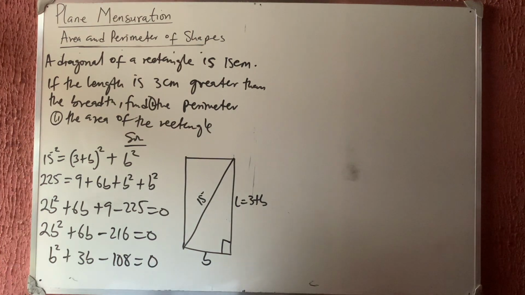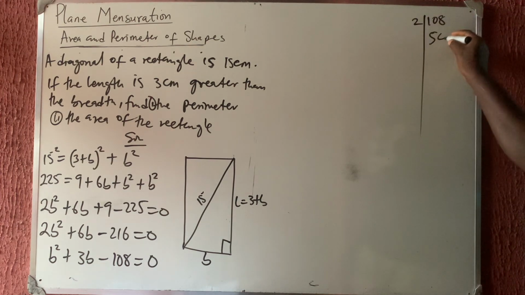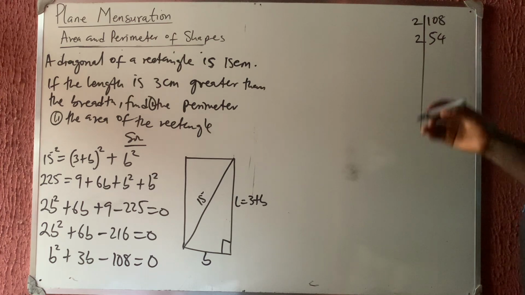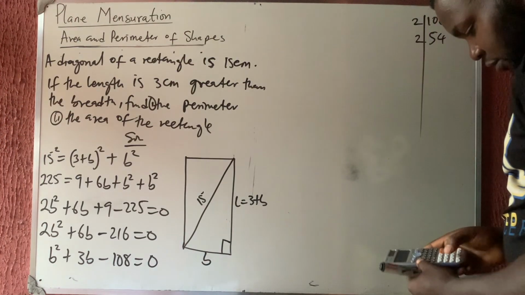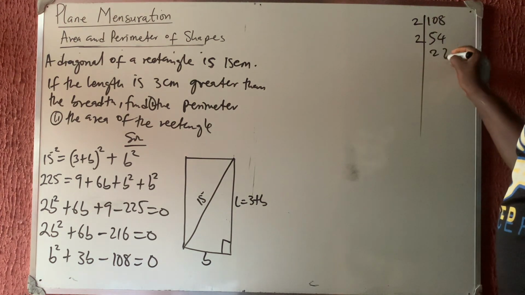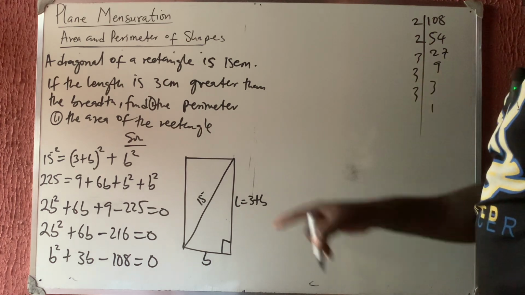So let us factorize. Let's check the two factors that can give us 3. So 108, 2 divide, I'm having 54. 54 divided by 2, 27. So 27, 3 divide is 9, 3 divide is 3, and 3 divide is 1. So I'm looking for 3.